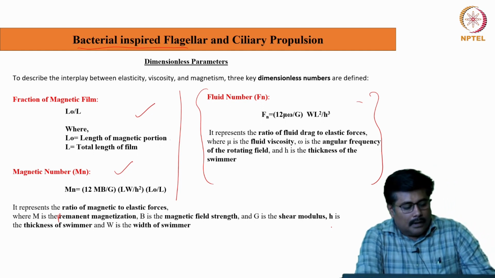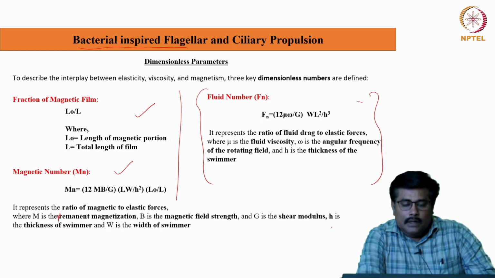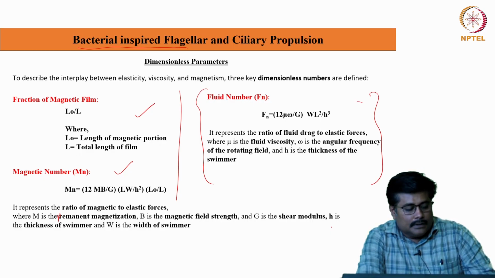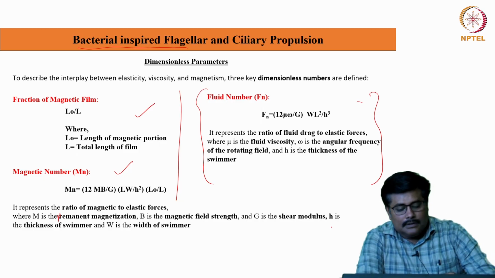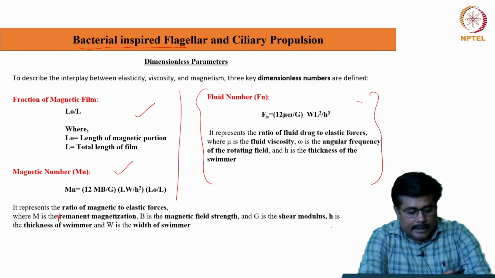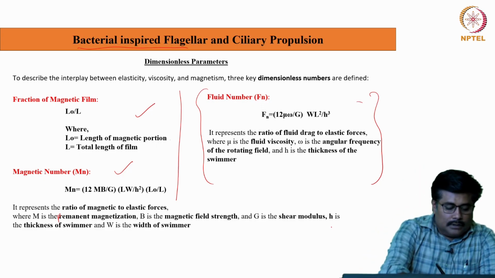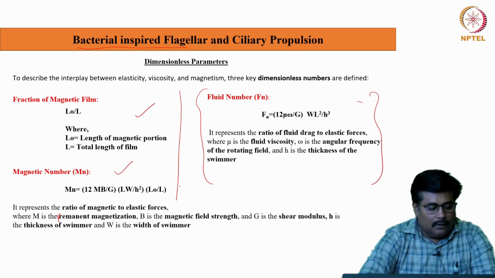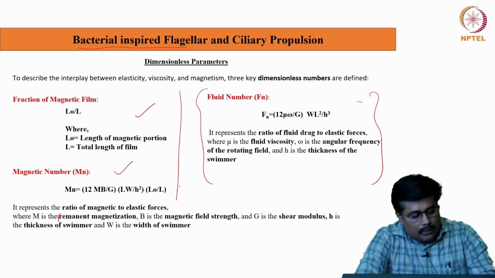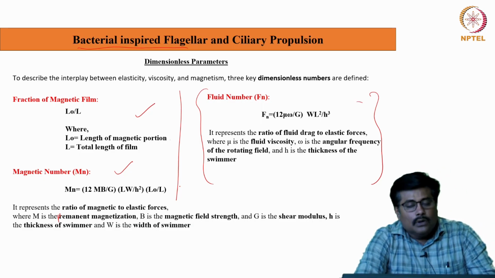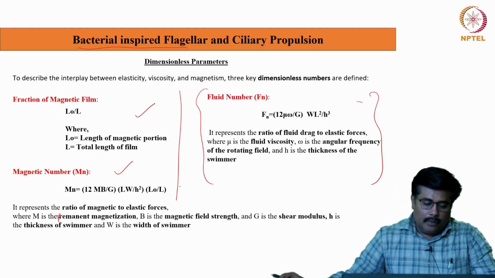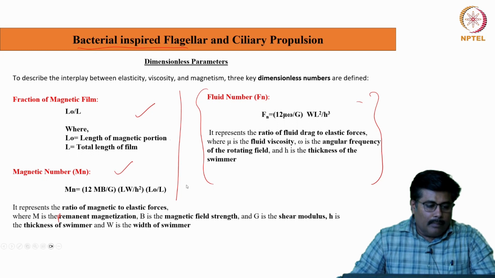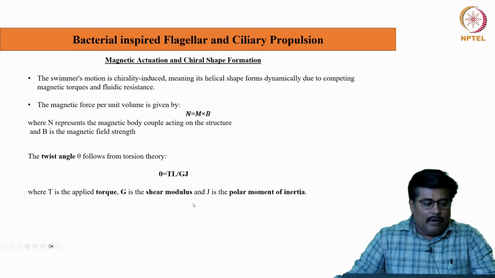Basically it represents the ratio of magnetic to elastic forces, which follows the relation Mn equals 12 MB by G Lw by H squared L0 by L. So here we are considering the magnetic number as well as the fraction of the magnetic field.